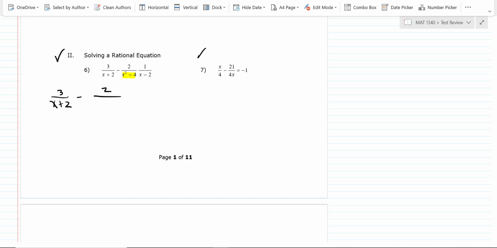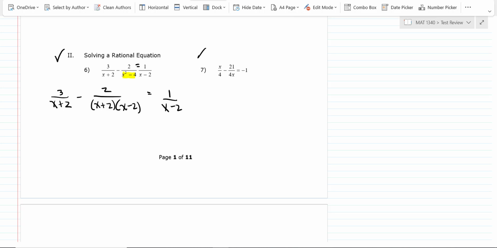That's a difference of 2 squares. So that would be x plus 2 times x minus 2. And this was supposed to have an equal sign in it. You need to add an equal sign right there because otherwise the problem is nonsense. Okay, so that's supposed to say equals 1 over x minus 2.